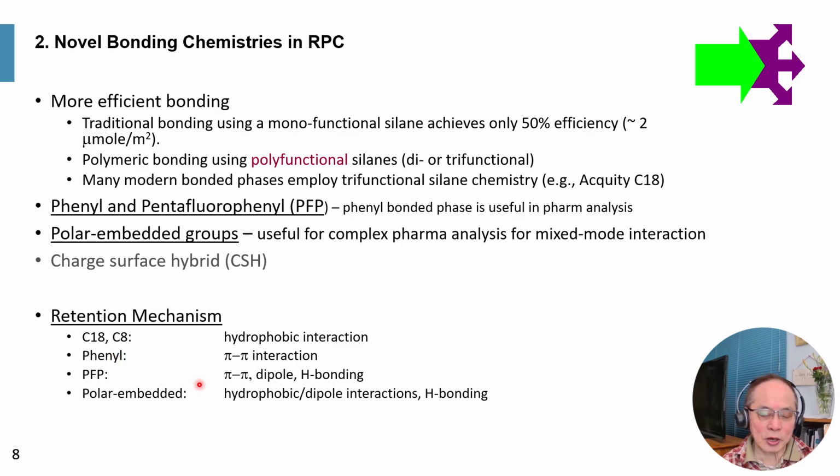Since most drugs have aromatic residues in the drug structure, this would give this bonded phase different selectivity in HPLC impurity testing methods. We have PFP, which gives you pi-pi interaction, dipole, and also hydrogen bonding, because fluorine atoms are highly electronegative. A polar embedded group also has hydrophobic, dipole interaction, and also hydrogen bonding.